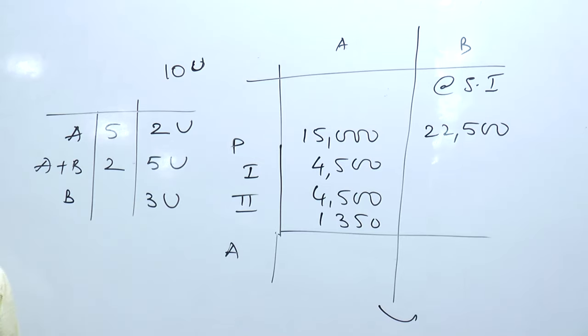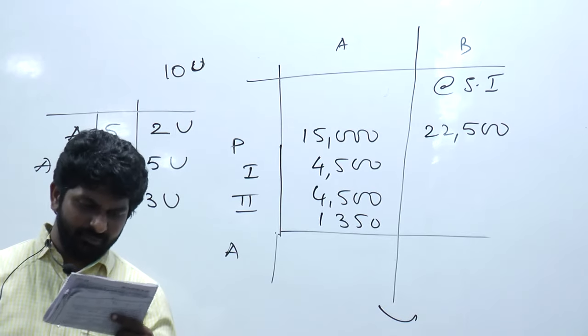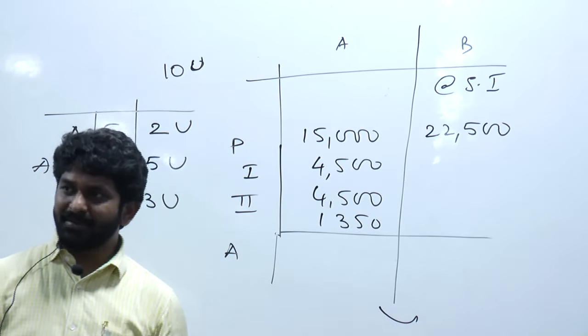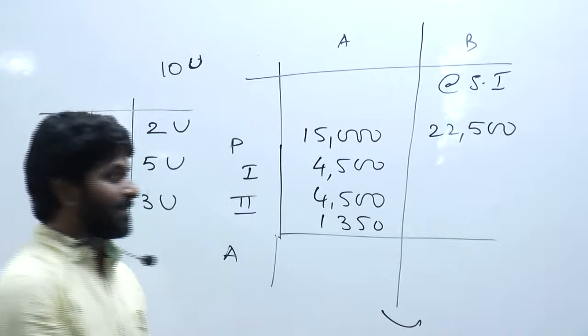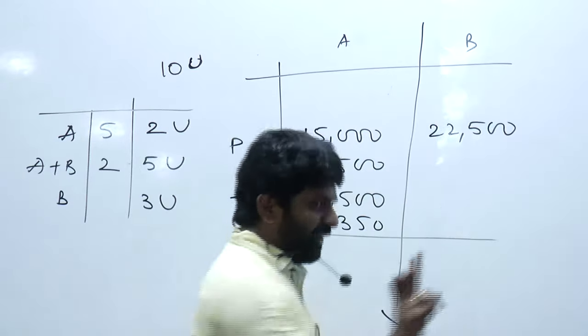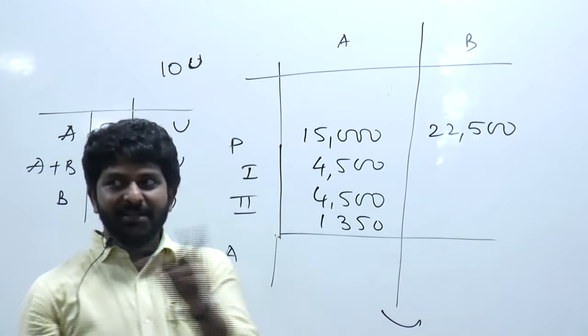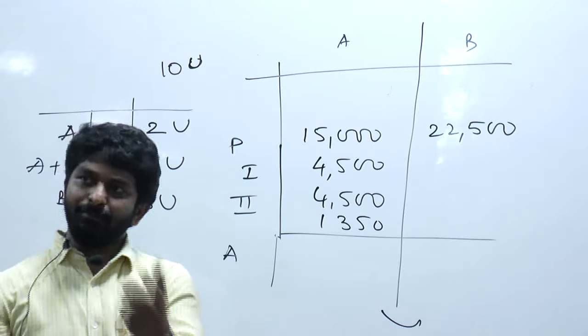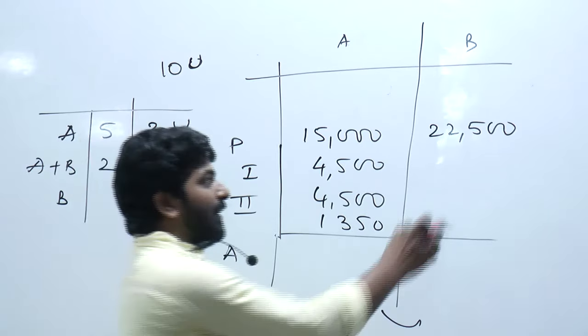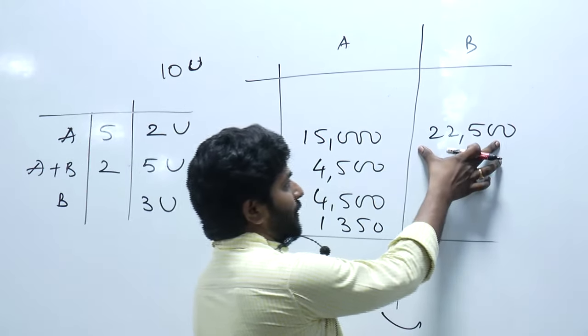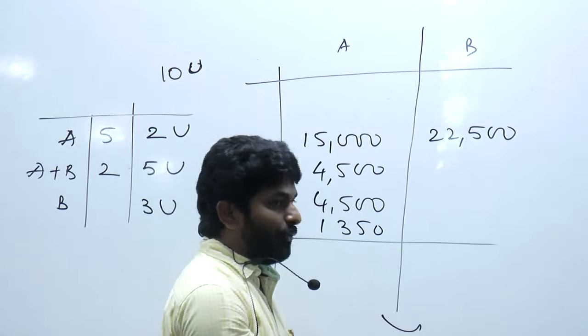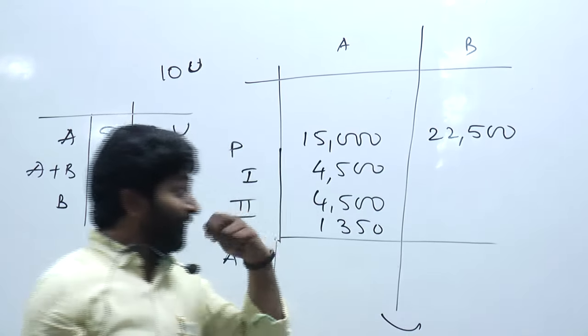And B invested 22,500 rupees at simple interest at the rate of 7.5% per annum. 7.5% for 1 year only, right? So let's calculate 10%, half plus half. 10% is 2,250.